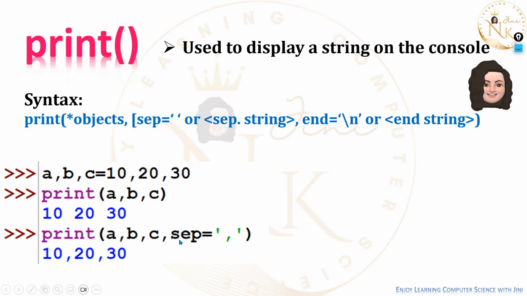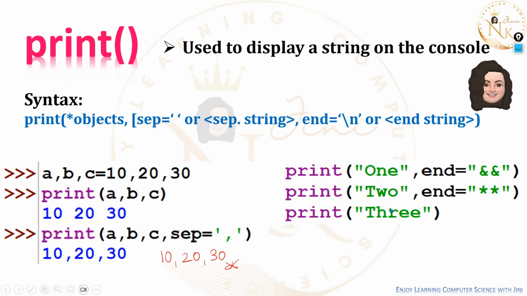Now print(a, b, c, sep=','). I have given a separator. Now the values will be separated with commas. Make sure the separator will not come at the end. It will not print like 10, 20, 30, with a trailing comma. It will only separate the values.